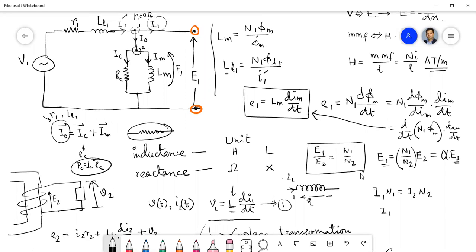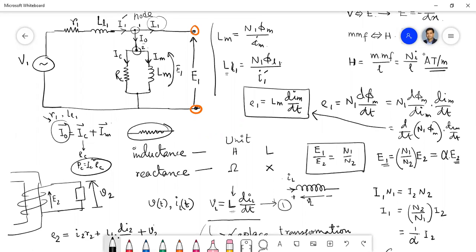And this I1, can't we write it as 1 by alpha into I2, isn't it?